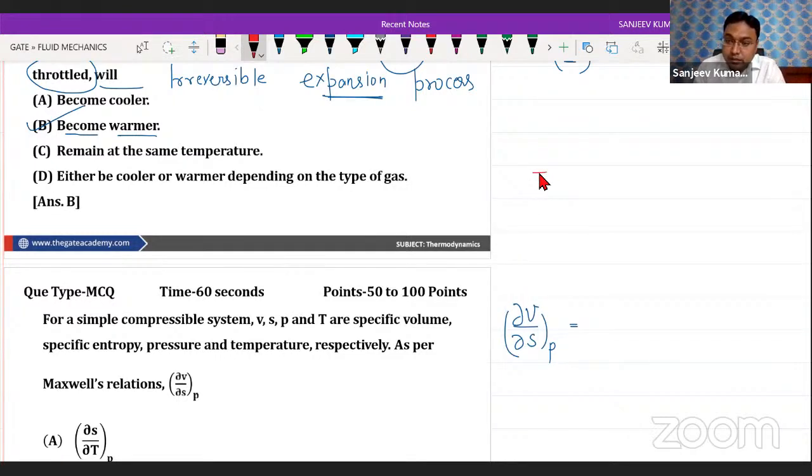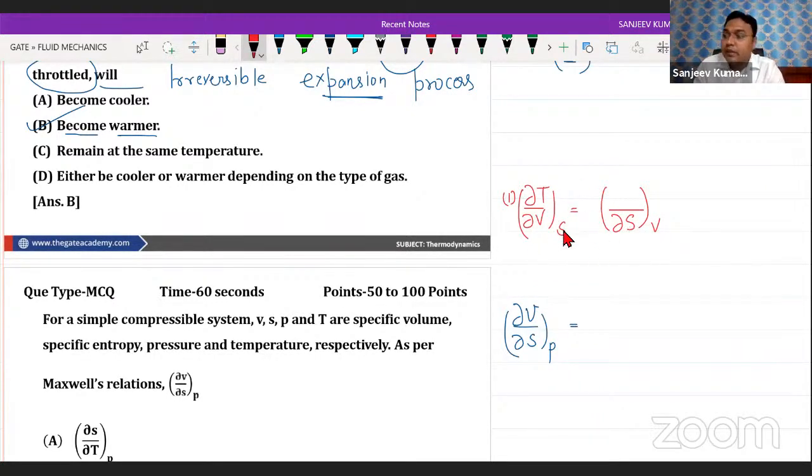Maxwell equation, first two equations I'll write down here. For the first equation, dou T, dou V at constant S is equal to this side. How can we write here, you can see. So first relation is T V S. Now interchange this, put S inside, V outside.